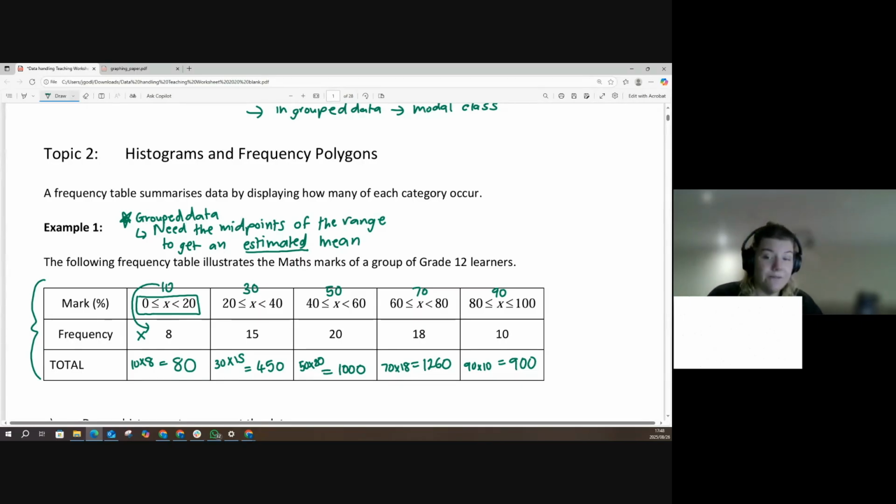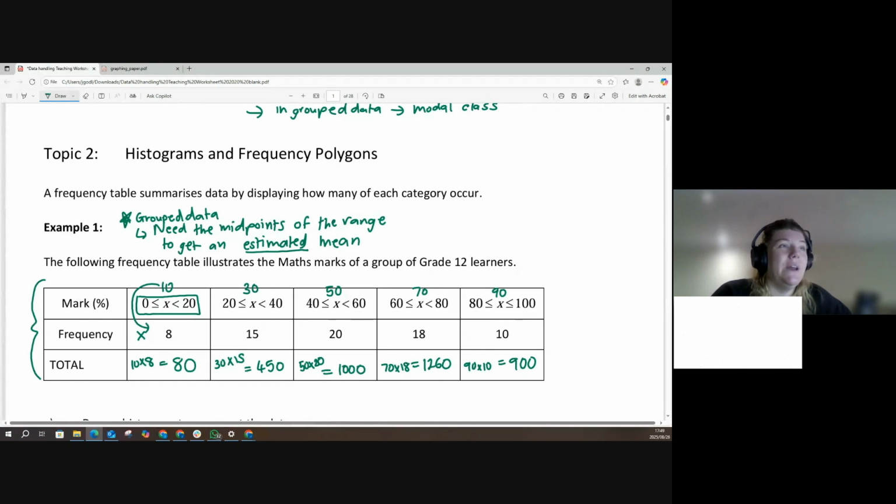So this is what our frequency table is looking like. For the moment, we're going to leave this here. We're going to answer more questions on it just now.